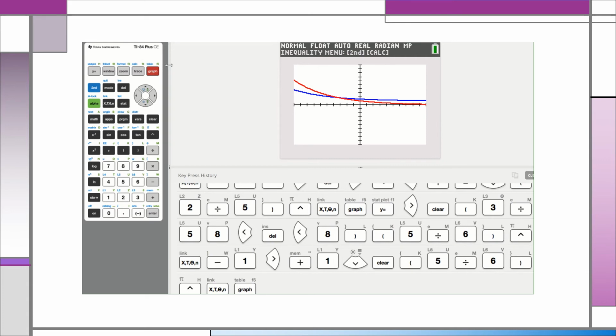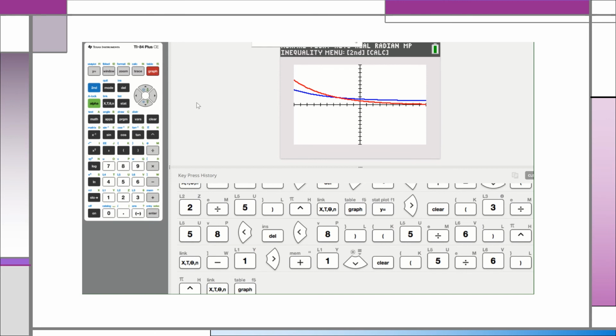What else do we see? We've been transformed up 1 on our y-axis, a vertical shift, and we've got a horizontal shift to the right by 1. What about our domain? Our domain is still all real numbers.